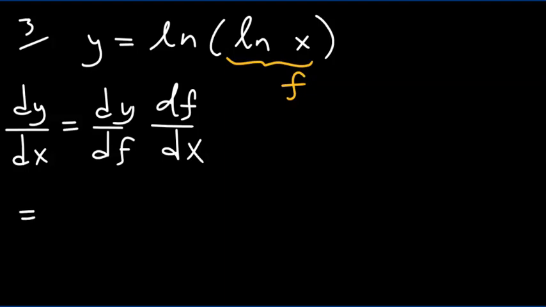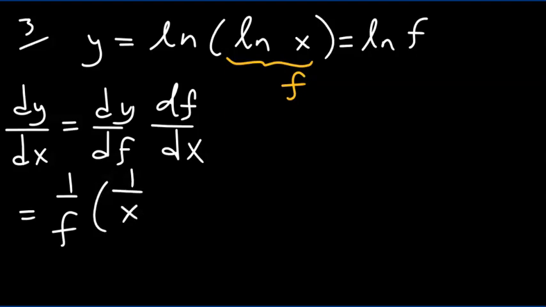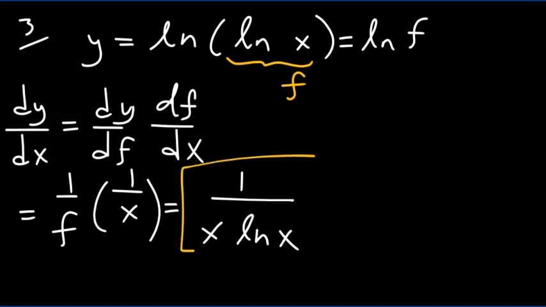Now what is dy df? It's 1 over f, because in terms of f, it's quite simply natural log of f. And df dx is 1 over x. Now putting everything together, since f is just natural log of x, the final answer is 1 over x natural log of x, and that solves the problem.